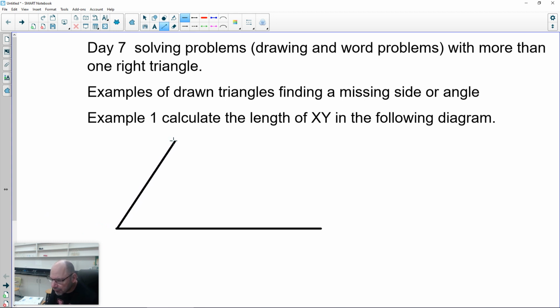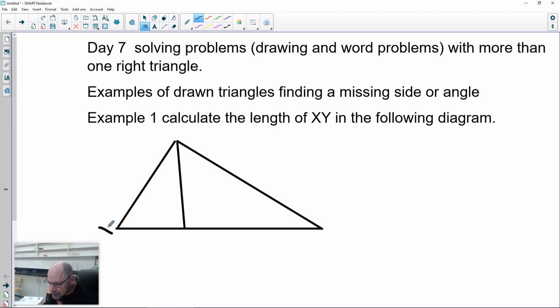Make a little triangle like that, and then slice it here. Often you'll see one like that, and they'll say that this one here is X, and this one's Y. And this is not necessarily a right one. And this one here is Z.